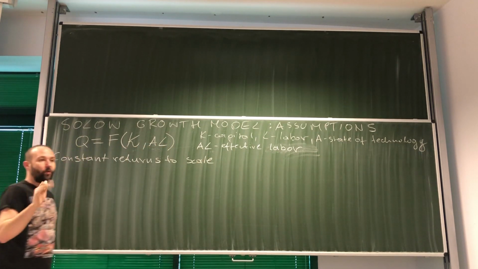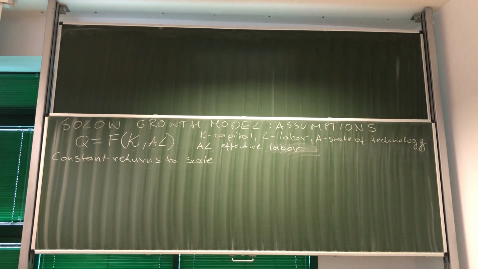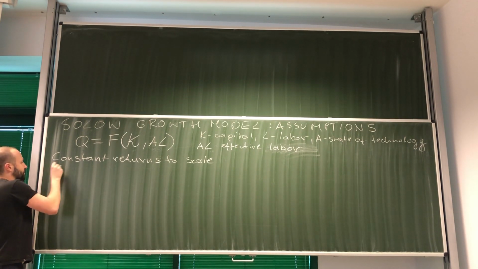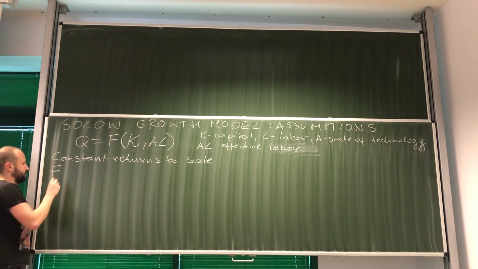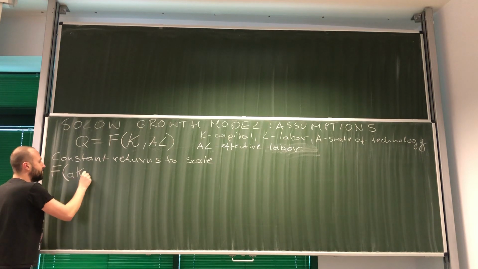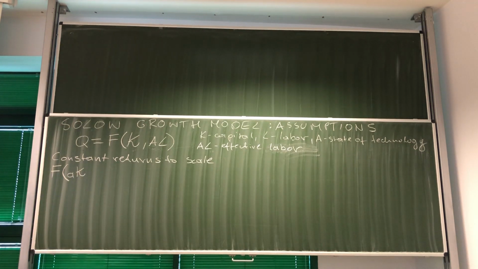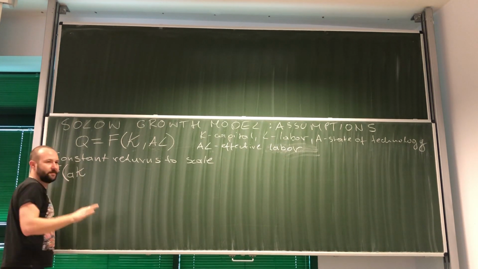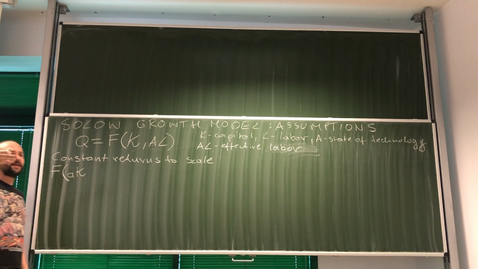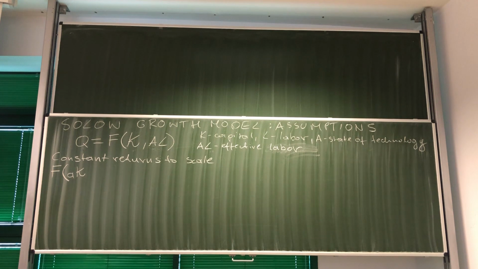Okay, so what are constant returns to scale? Basically speaking, if we've got some production function, and if I multiply the amount of capital by some constant A, let's just say that it's bigger than 1. So we are increasing the amount of capital by 2. We double the capital.